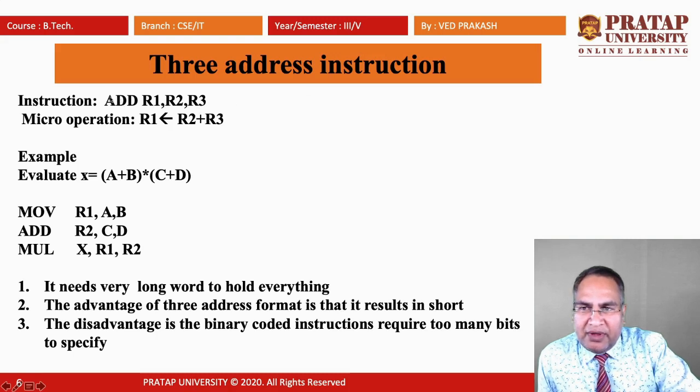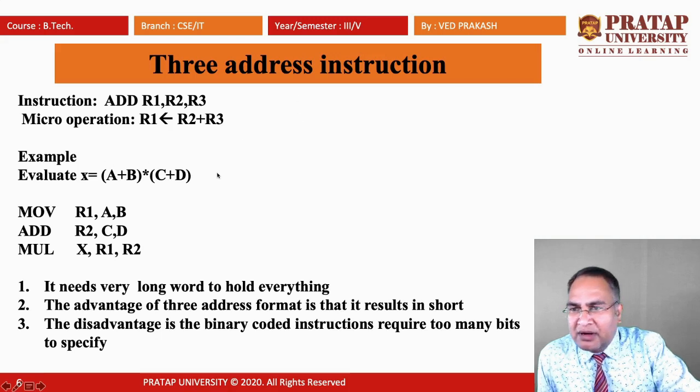So to perform the addition, it uses three registers R1, R2 and R3. The contents of R2 plus R3 are placed in register R1. Due to this reason, this instruction is known as a three address instruction.